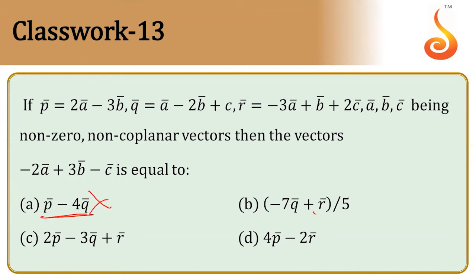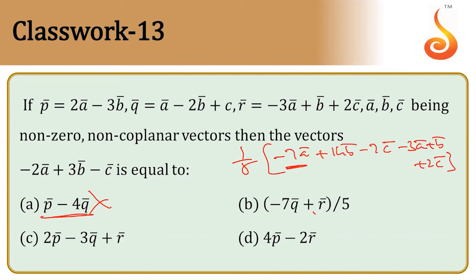Now, 1 by 5 into 7Q bar minus 7Q bar, so minus 7a bar plus 14b bar minus 7c bar plus r bar. R bar is minus 3a plus b plus 2c. What comes here?